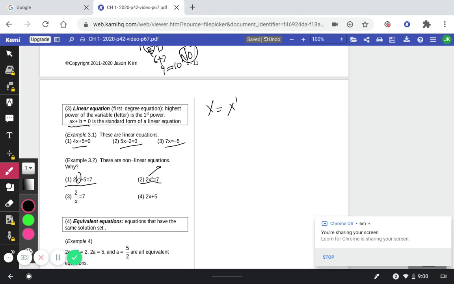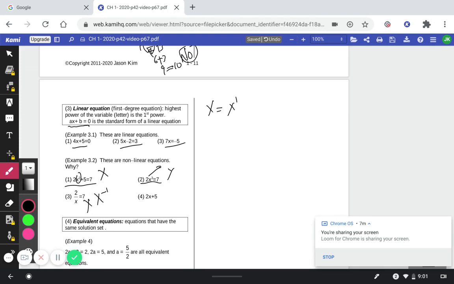When x is in the denominator, it turns into x to the negative 1 power. We will learn about this later on. So it's not a linear equation. Number 4, 2x to the 5. Is this a linear equation? It looks like it, but it's not. Can anybody guess why this is not a linear equation?